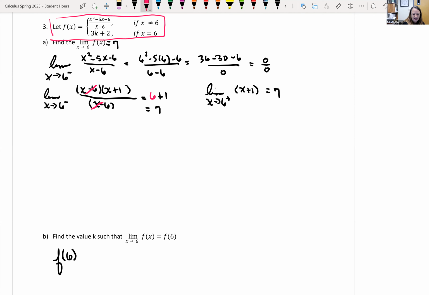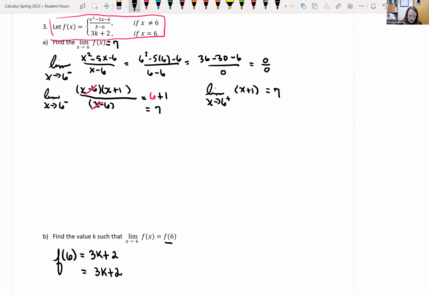When x is 6, I'm using my second equation, and so this would be 3k plus 2. Notice there's no x in there. So when I plug in 6 wherever I see an x, this is equal to 3k plus 2.